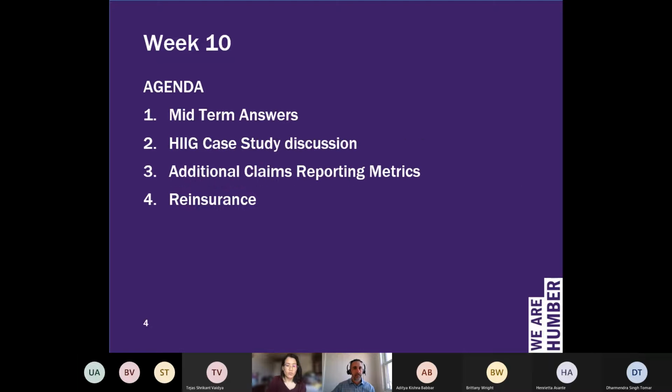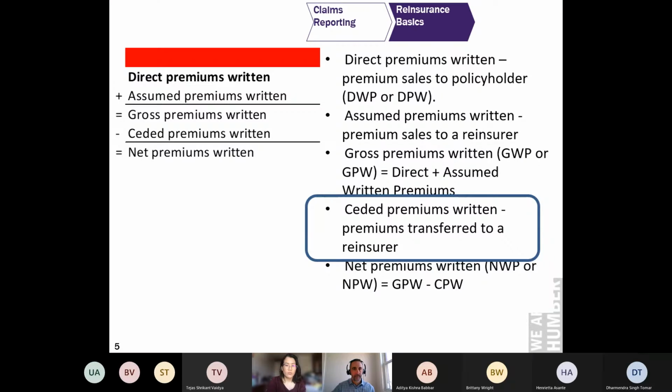All right, so this is what we've been talking about. We're going to focus in on reinsurance here. I just want to give a bit of a backdrop before we get into the discussion. So what we're going to be talking about, again, focusing in on the reinsurance, is this idea of the ceded premiums, that this is the transfer of risk to the reinsurer.